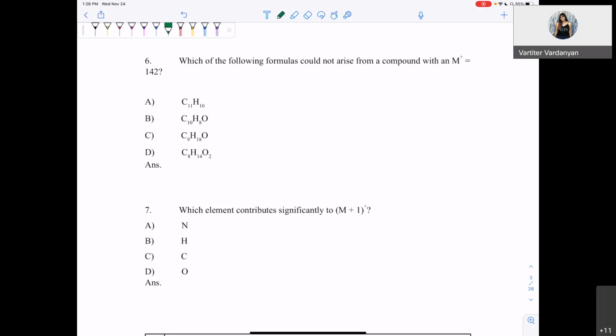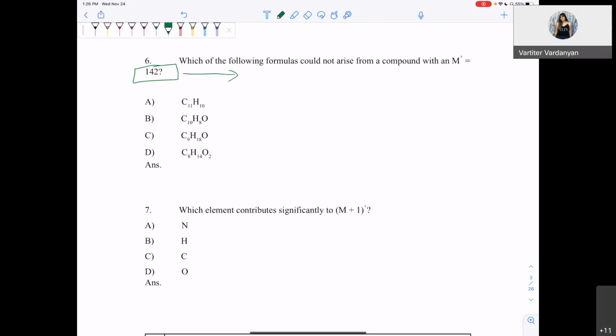Okay, so someone said it might be a nitrogen. But there's no nitrogen in the answers. Usually when there's a question like this, at least one of them will be nitrogen in the answer choices. This one doesn't have any.